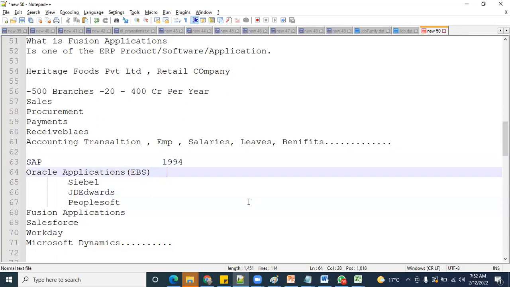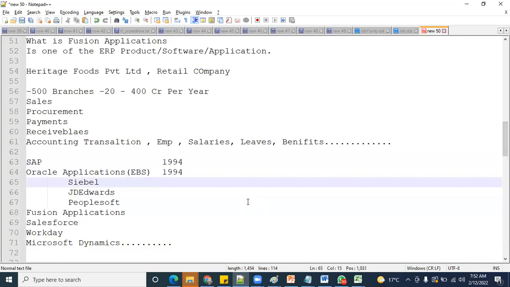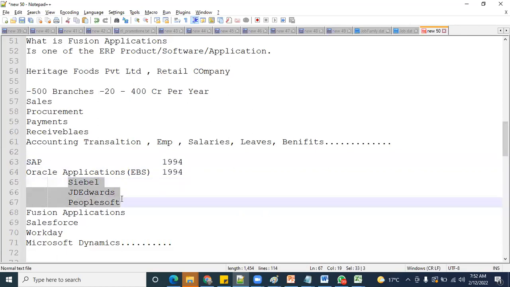Oracle Applications is also there since 1994. Siebel, JD Edwards, PeopleSoft, all these three companies merged with Oracle in 2007. So no more Siebel, no more JD Edwards, and no more PeopleSoft.